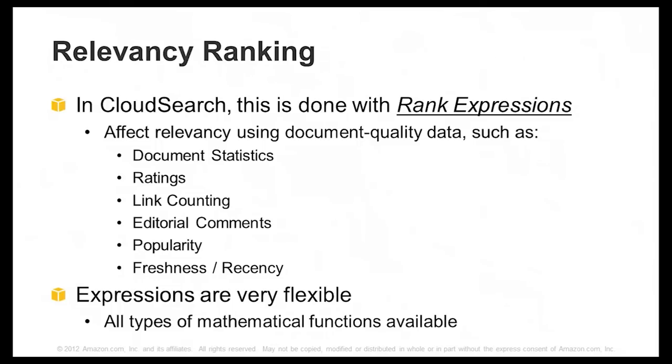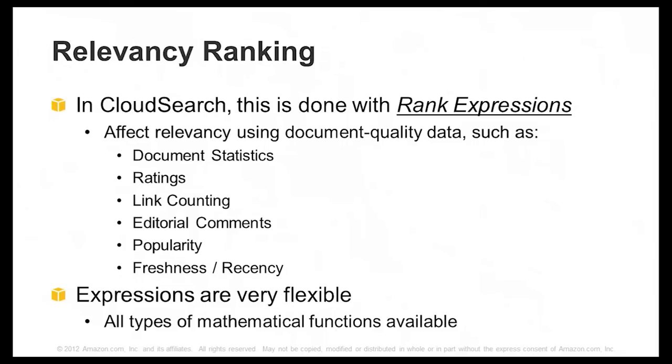As an example, any kind of document statistics like content size or title size or whatever, if you have ratings. If you're doing that kind of search engine, e-commerce will typically have a lot of good document quality data like sales data, ratings data, click-through counts, conversion counts, and things like that.